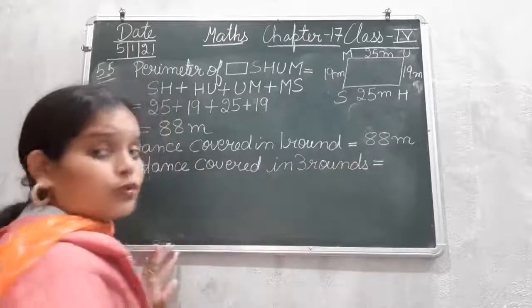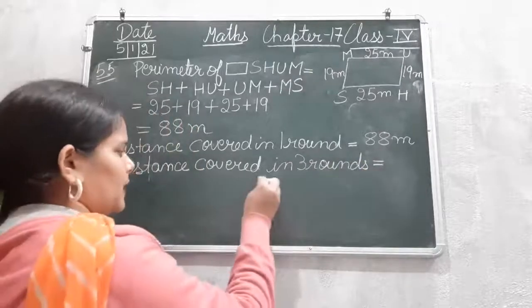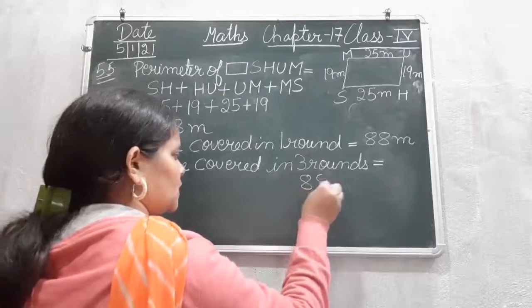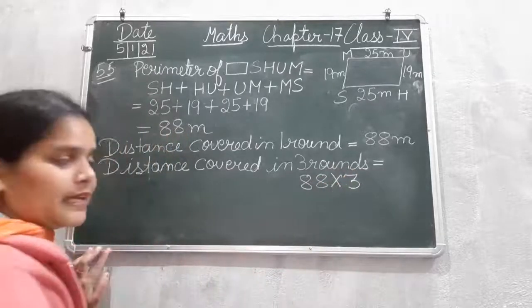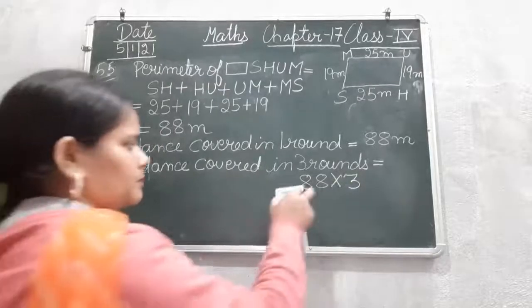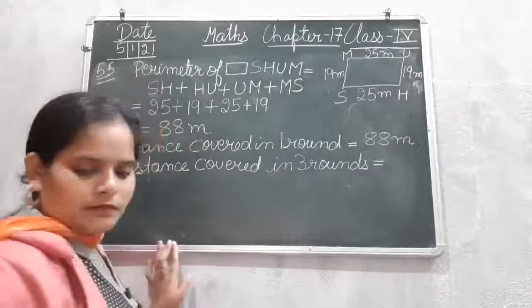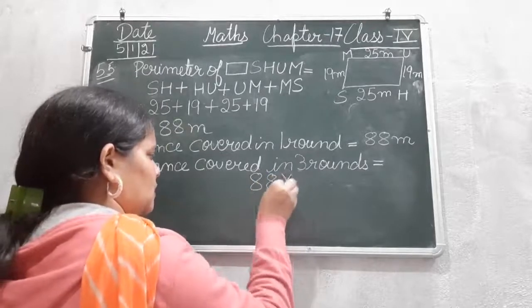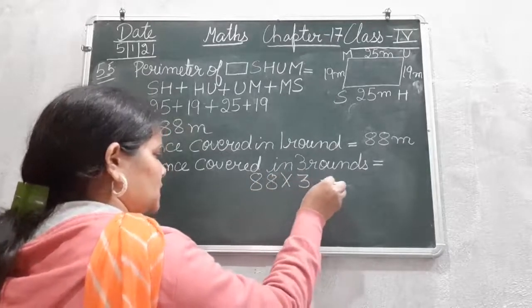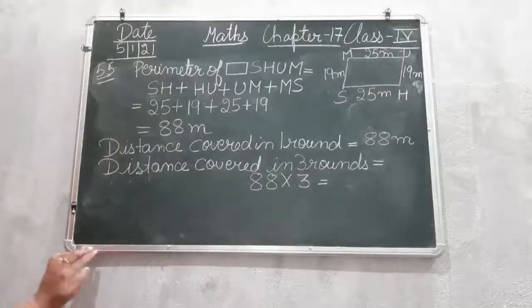For that, what will we do? We will multiply 88 with 3. So we can easily multiply 88 with 3. 88 multiplied by 3.